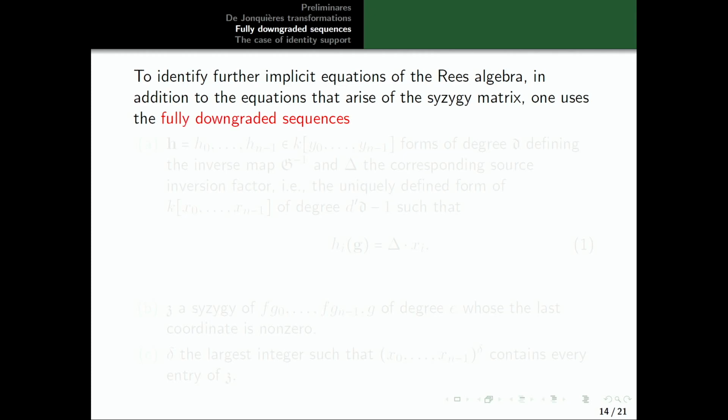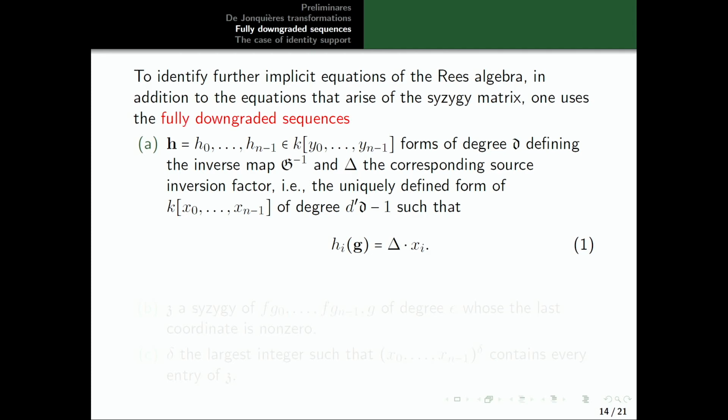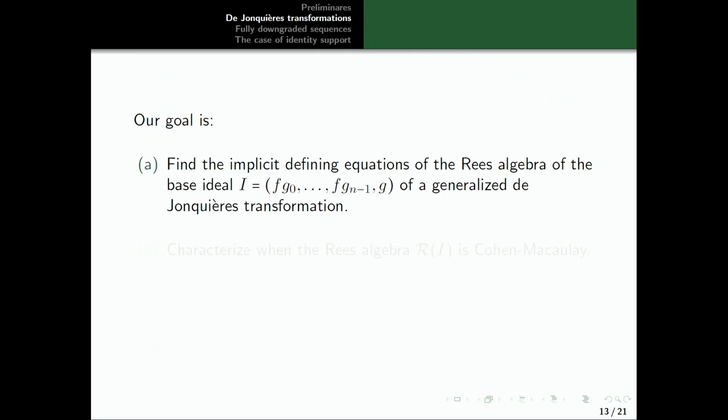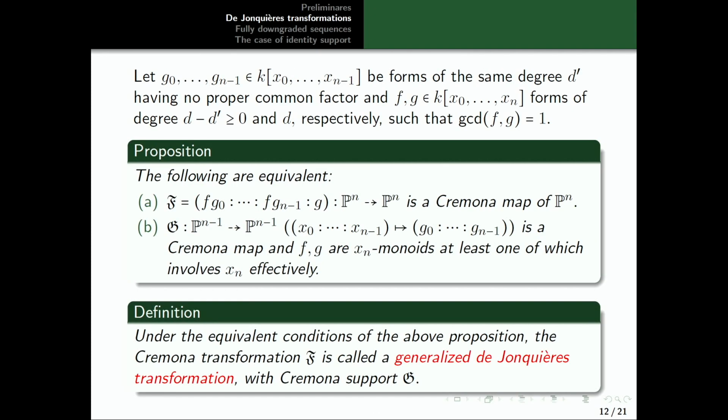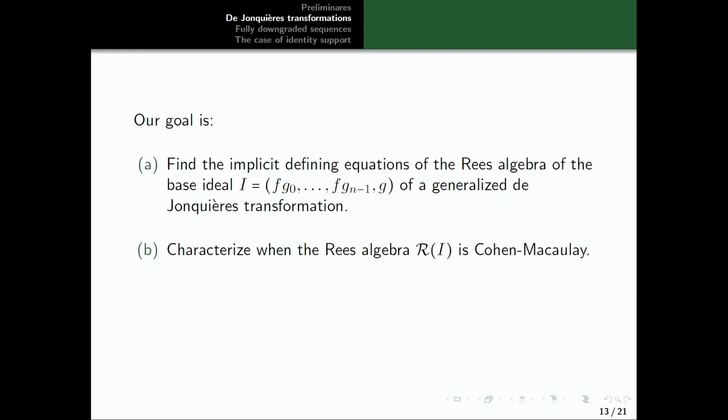To introduce the fully downgraded sequences, we consider h_0 to h_{n-1}, forms of the same degree, that define the inverse map of G. Remember, G is the Cremona map defined by the Cremona support of the Jonquière map.